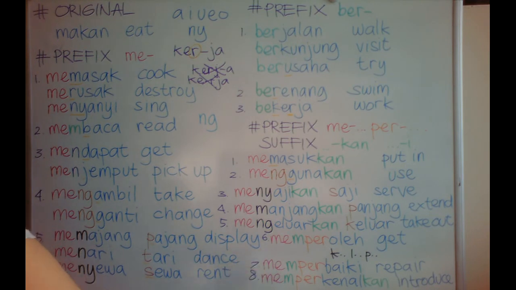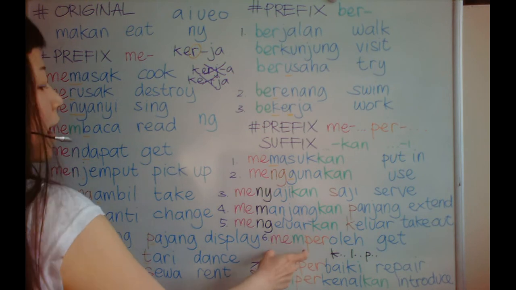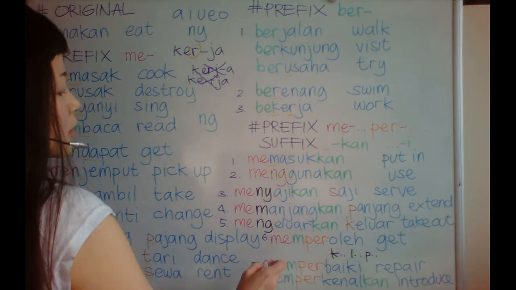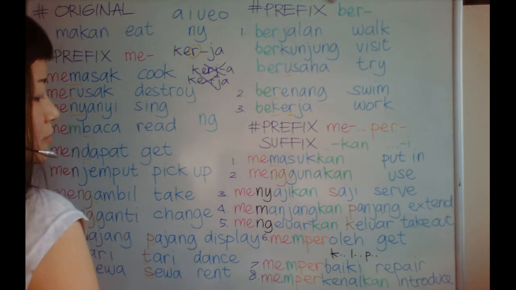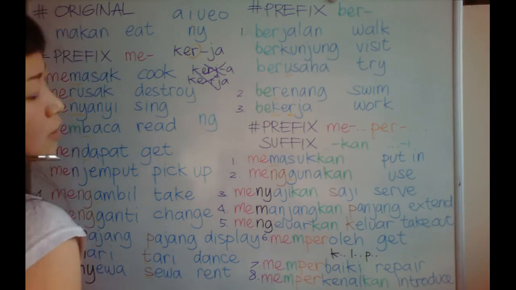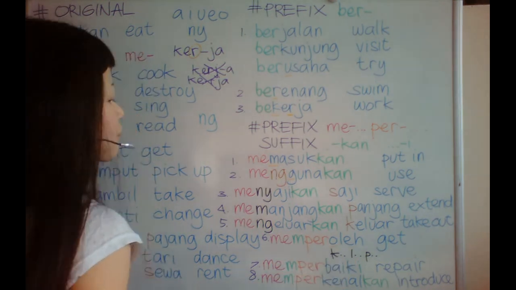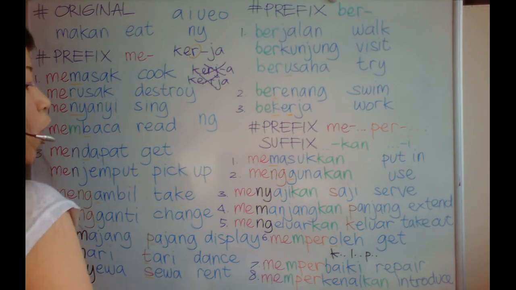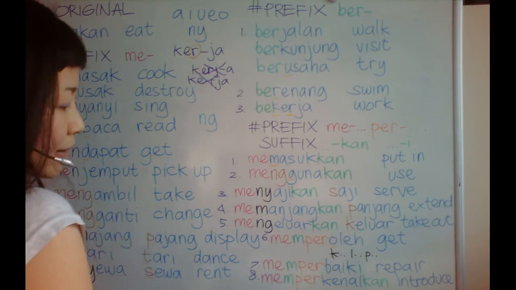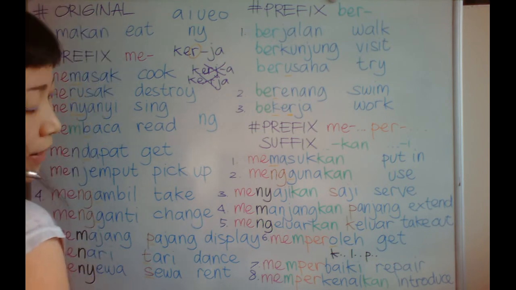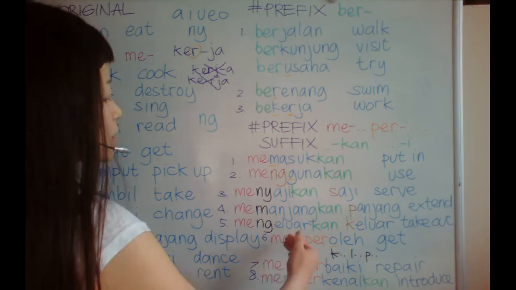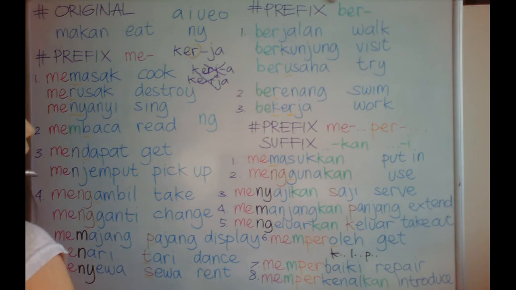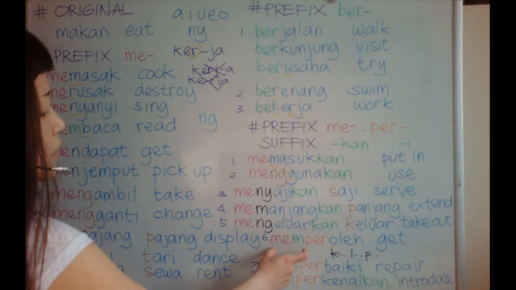Number 6, this one has 2 suffix. It started with O, or the initial is O. Oleh is buy, but if you want to say get, you have to say this complete word, which has the me but becomes mem.